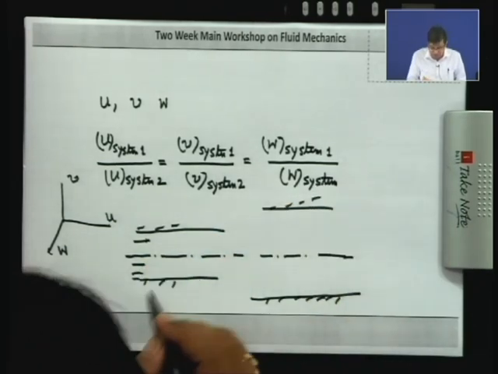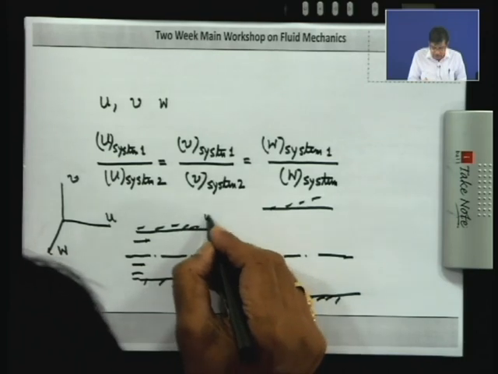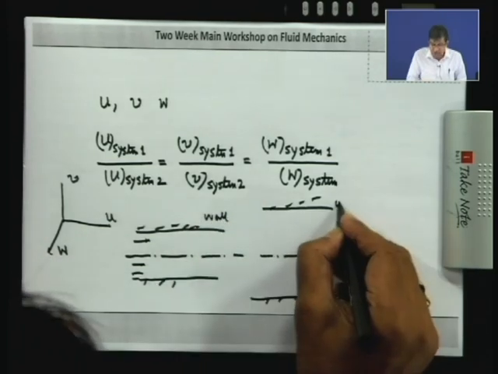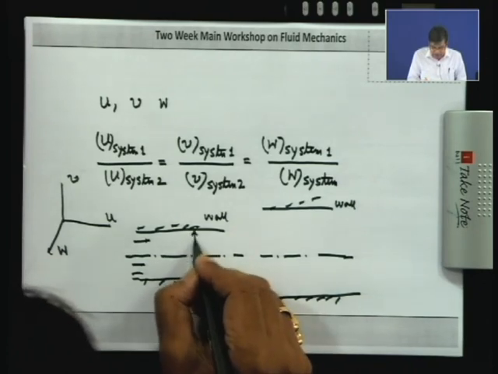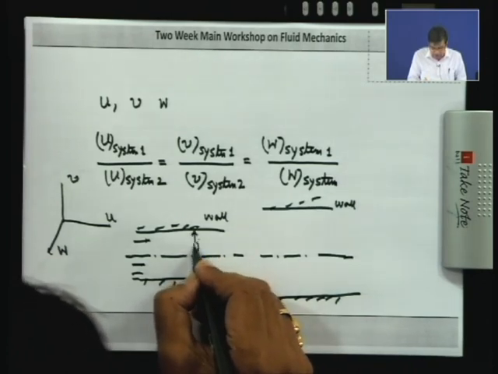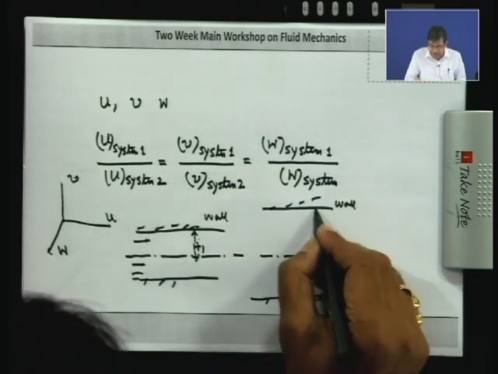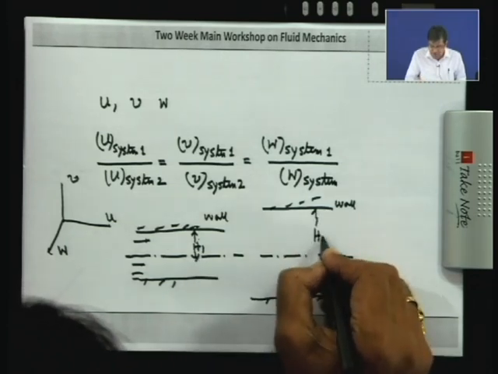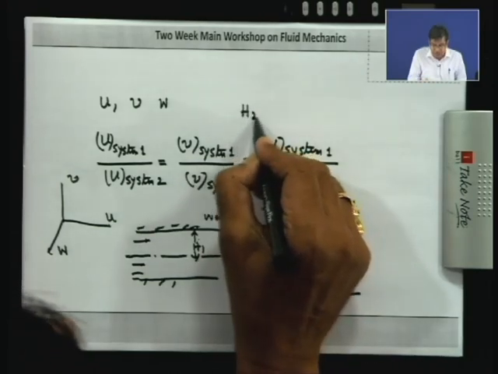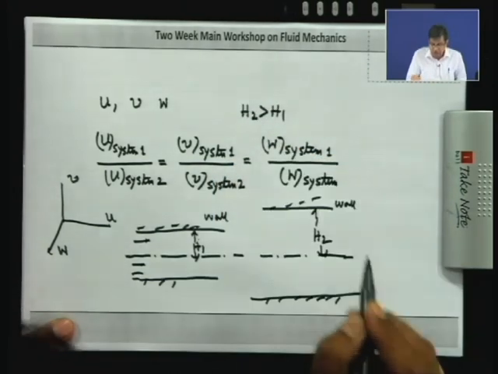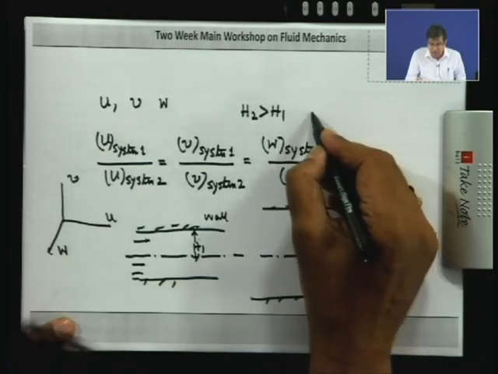Now what is the corresponding point? Now this is wall, this is wall. Let us consider this as h1, the height for this channel, and the height for this channel is h2, and we consider that h2 is greater than h1. Now what is the wall location?